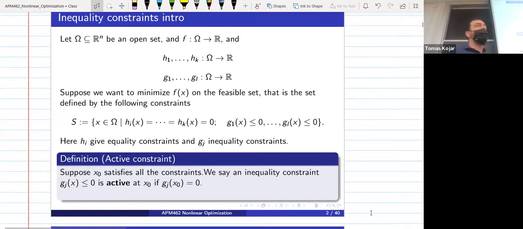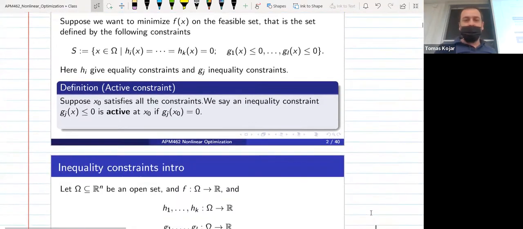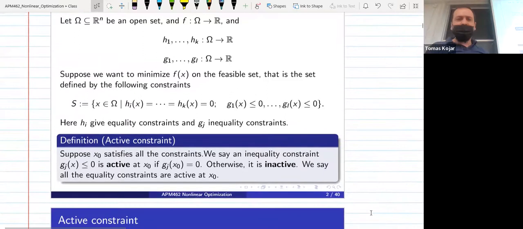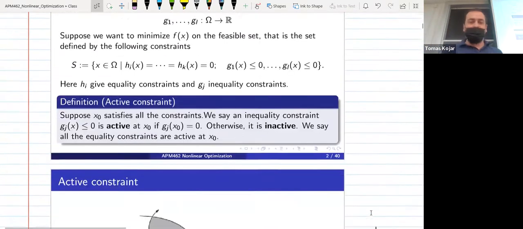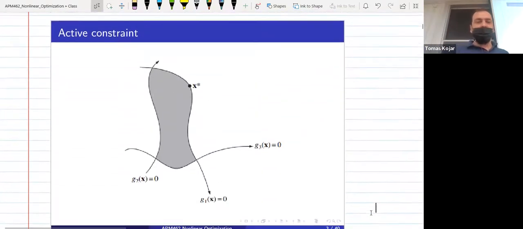I will show you some pictures and examples. These are the only constraints we care about when your local minimizer is exactly at the boundary. If that's not the case, we call it inactive, and I will tell you why you can ignore them. So here's the picture.